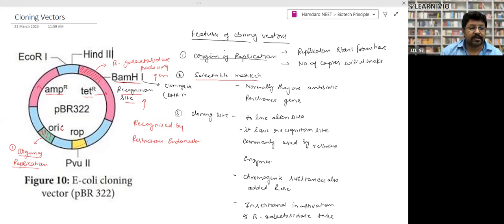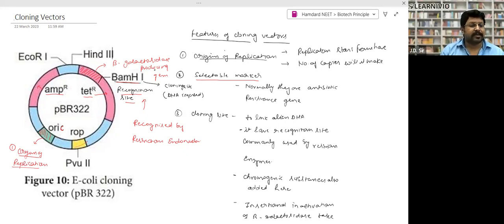So when DNA is inserted, this part will be removed from here. Please try to understand. This BamHI is the recognition site, right? Here, this part will be removed and new DNA will be inserted. In this BamHI part, there is a gene, the beta galactosidase producing gene.